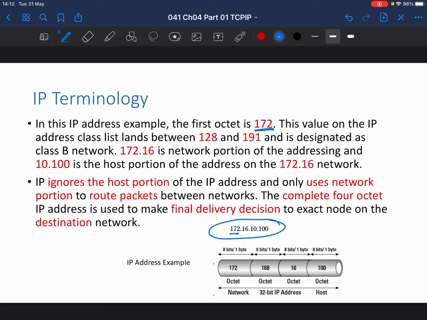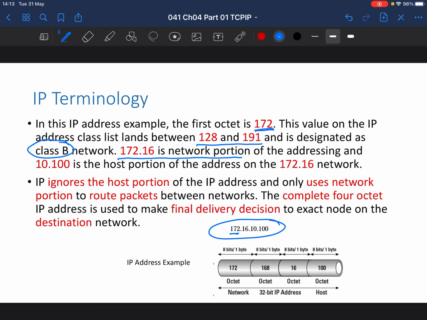This value is in the IP address class range between 128 and 191 and is designated as a class B network. 172.16 is the network portion.